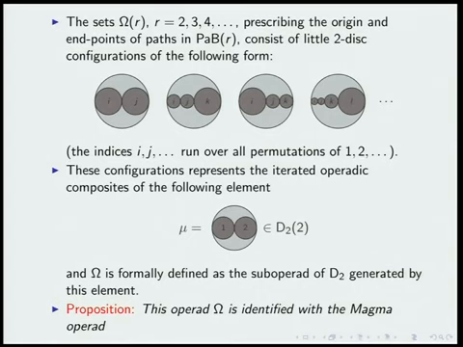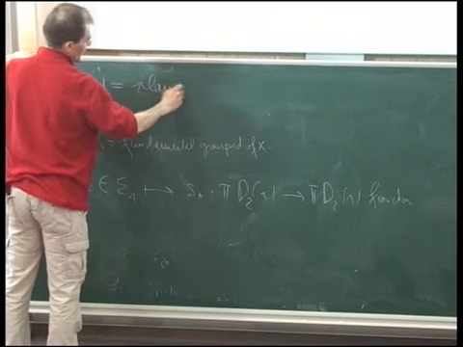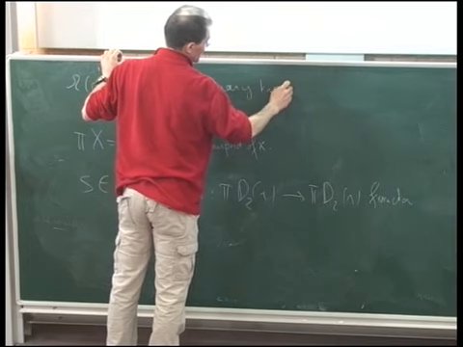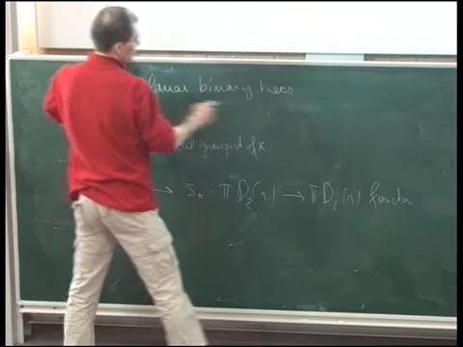And the statement that this operad is identified with the magma operad means that this operad is free. Maybe I will draw the pictures. It's the operad which is freely generated by this element. So this means that each omega(r) is the same thing as the set of planar binary trees with r inputs.